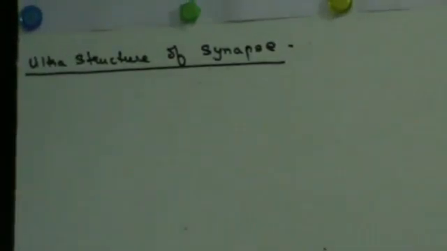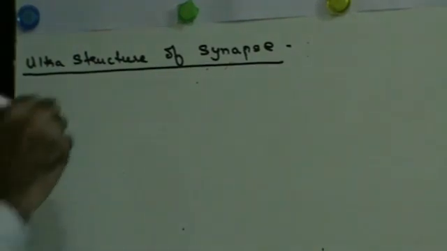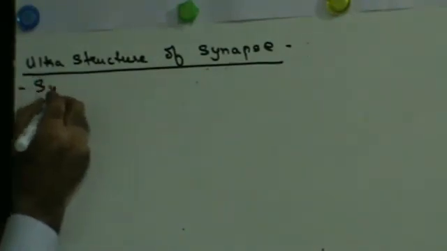Now, a synapse is the physiological junction between the axon of one neuron and the dendrites of the next neuron. The small space that is there between them is called the synapse.